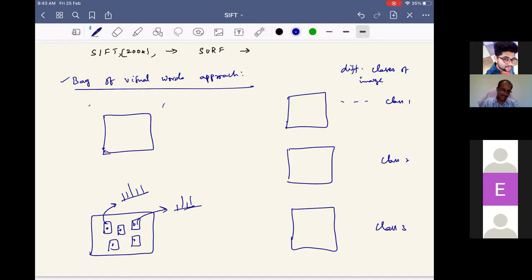So in fact this has come up from the natural language processing framework, which is already there as bag of words in that community, and that is being applied here as bag of visual words. This also takes the feature vectors by scale invariant feature transform or any other transform which gives the local features.